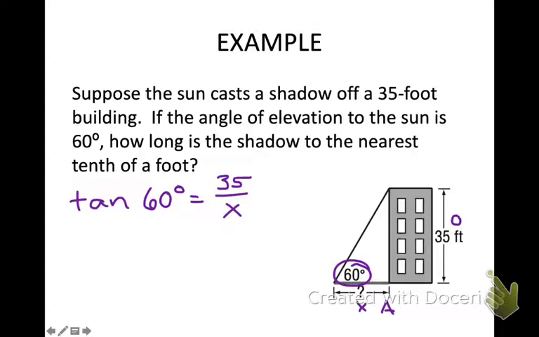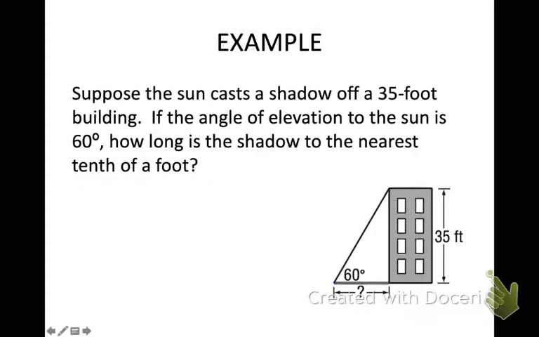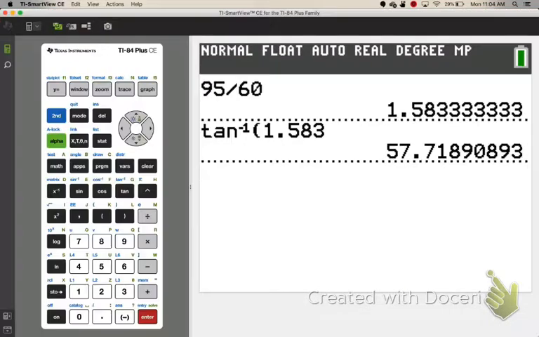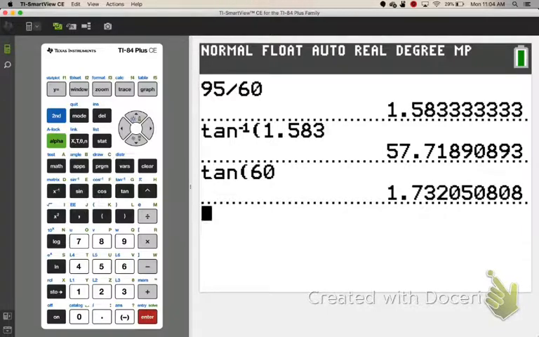So now, either using your trig chart or your calculator, we're going to figure out what the tangent of 60 is. 3 decimal places, so 1.732.